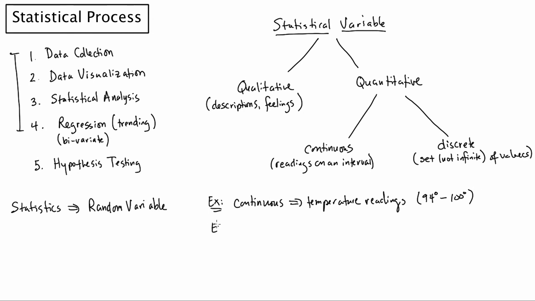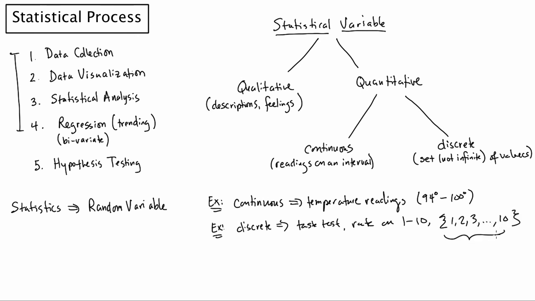So an example of discrete might be, so maybe you're doing a taste test and you're asked to rate the quality of the food on a scale of 1 to 10. Then, generally speaking, you can only select numbers from the set 1, 2, 3, all the way up to 10.